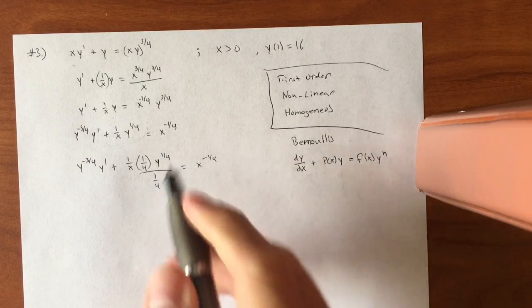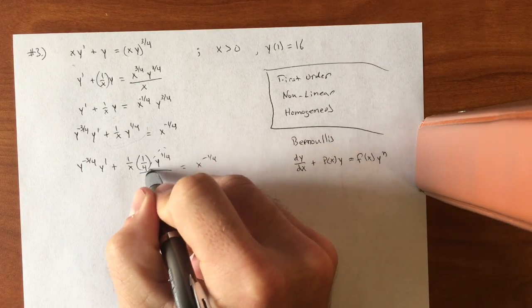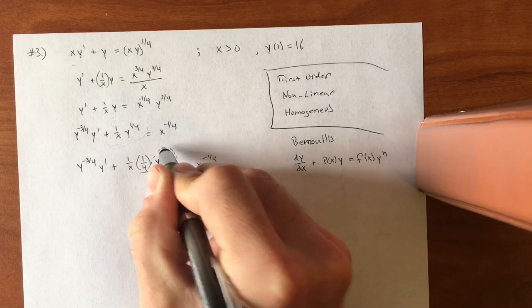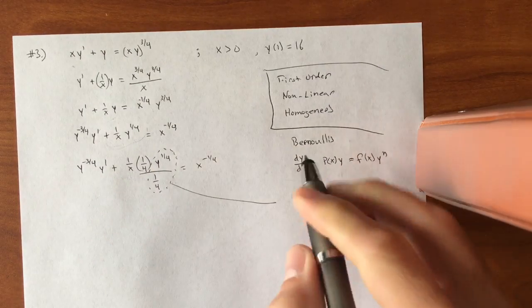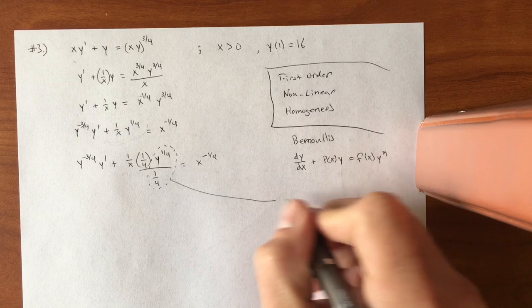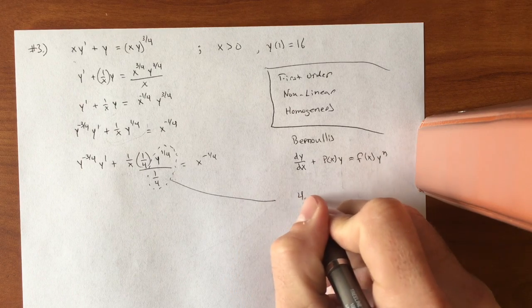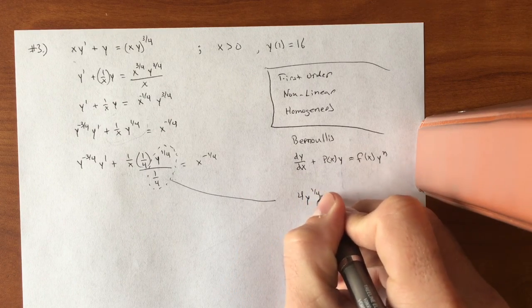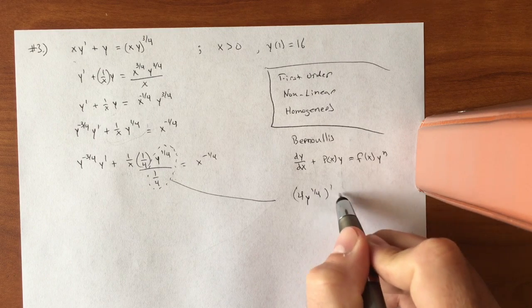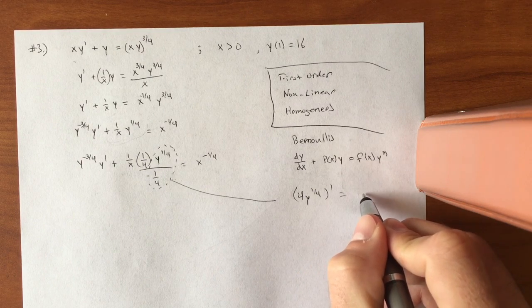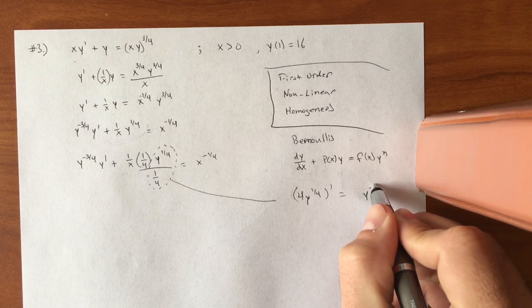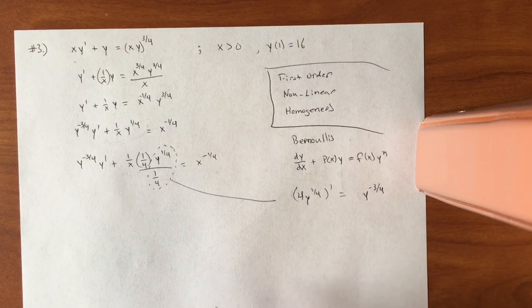Looking at this part right here, we're going to pull this out over here. Something neat about this is that if you bring that 1/4 up, it'll be 4y to the 1/4 power, and if you took the derivative of this, it would equal y to the negative 3/4 power.